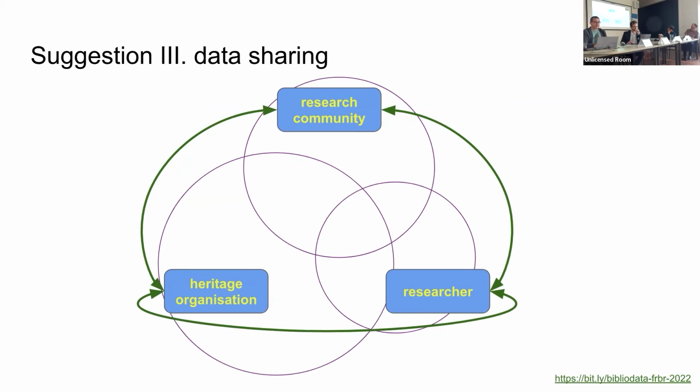And these circles represent different interests. Libraries have interests which are not interesting for the researchers or the research community, but it is clear that there are common interests. And if we share the data, then others pick those parts which are inside the common interests.